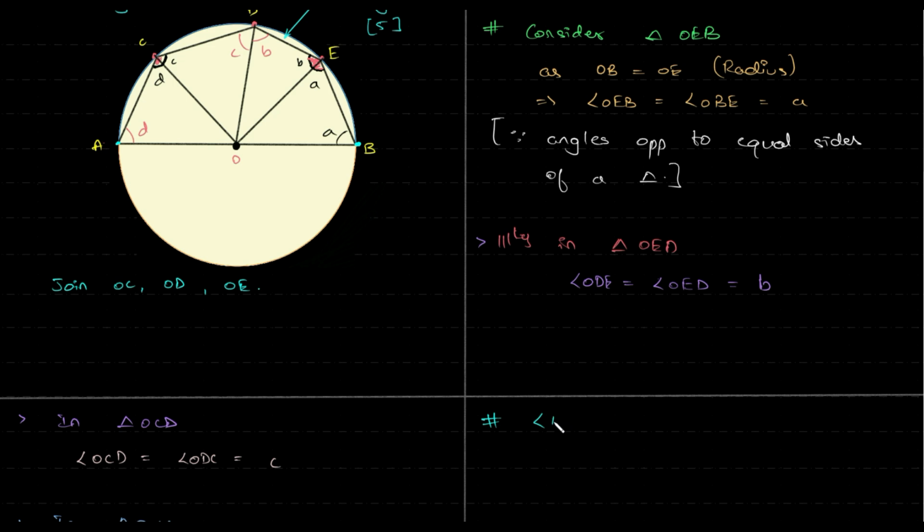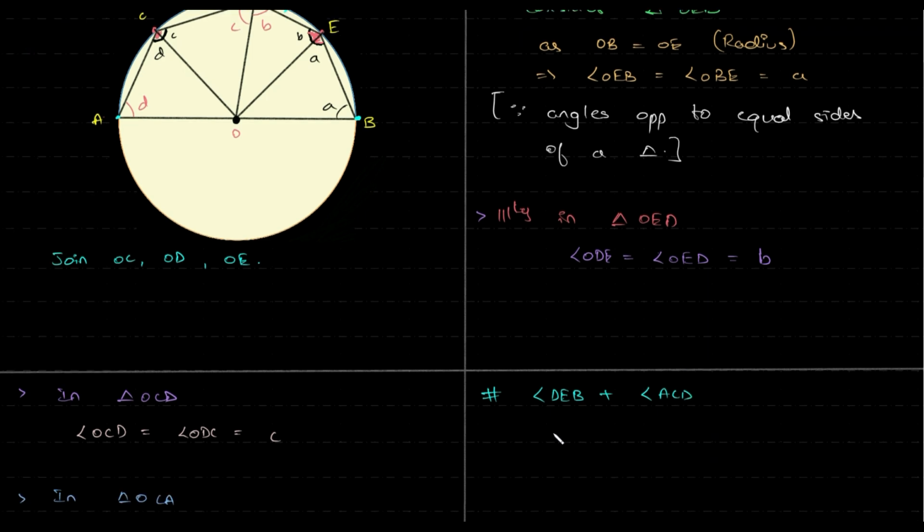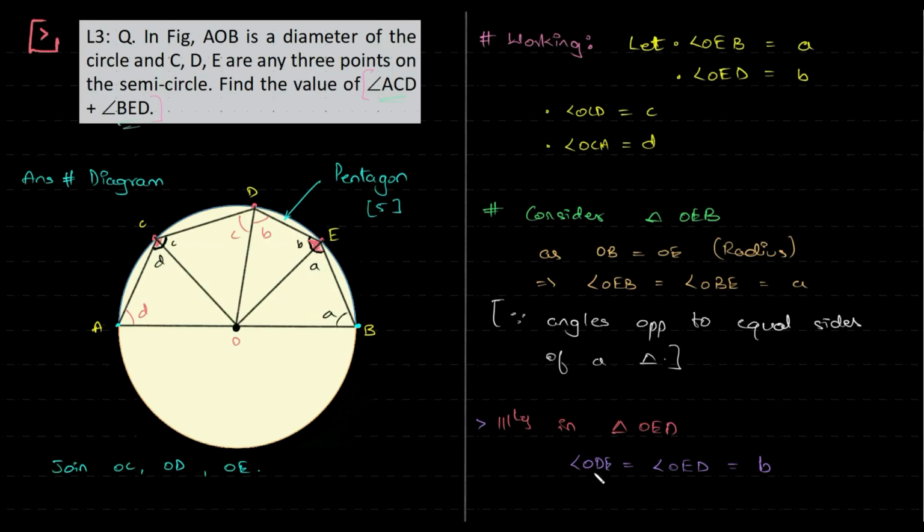Angle DEB plus angle ACD is equal to A plus B plus C plus D, which is equal to 270 degrees, and that would be our answer.